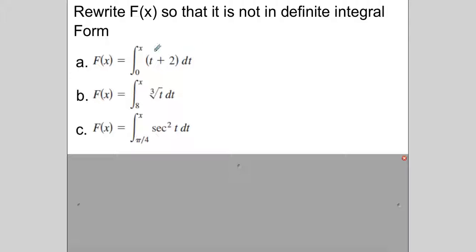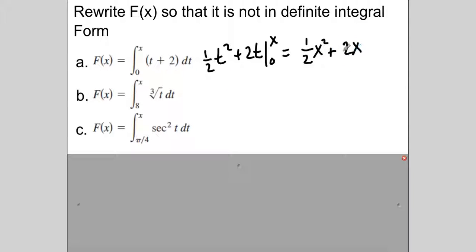And what we mean by that is if we were to integrate this, I'll do the first example, we'll get 1/2 t squared plus 2t, and we want to evaluate that from 0 to x, and so our capital F of x is going to equal 1/2 x squared plus 2x. If we plug in 0, we're going to get 0, and so we're not going to subtract anything there. So pause the video here and try B and C and see if you get the same thing. That will come up in about 2 seconds.